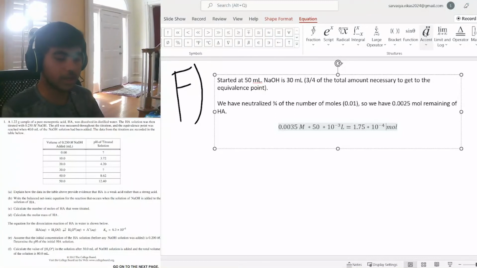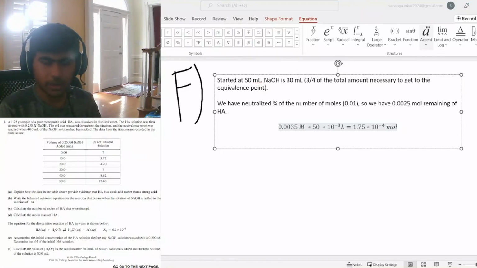All right, so that's how much we have for the number of moles of the HA. Essentially that's how much hydronium we have. That's how much of the actual HA we have. Now, what are we going to do? Well, could we just divide it by 4 and try that?